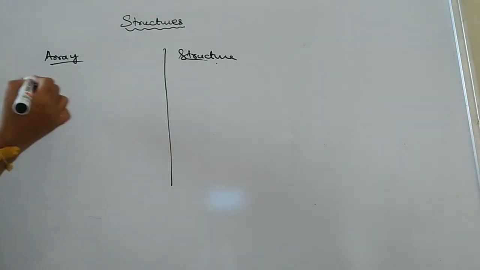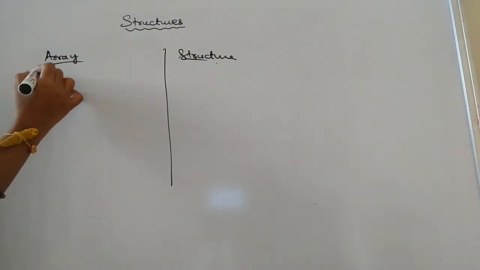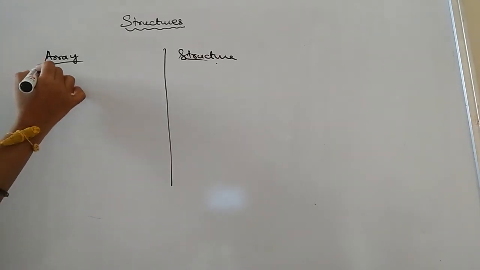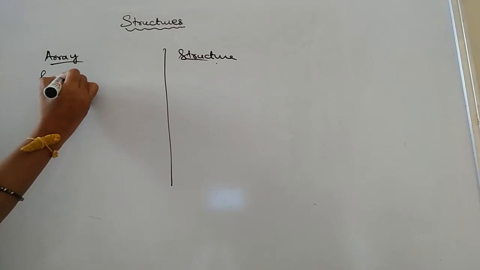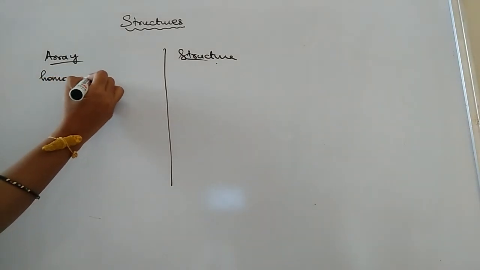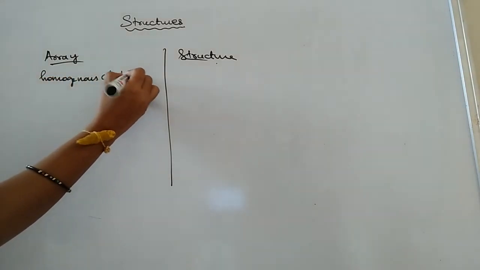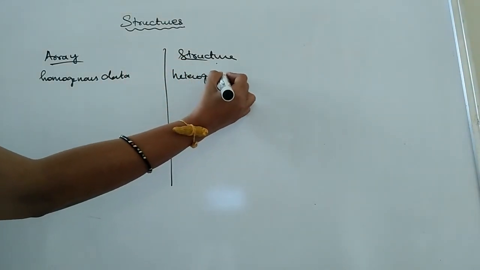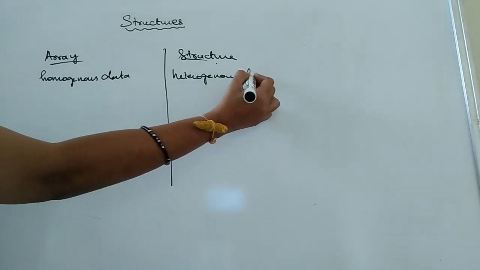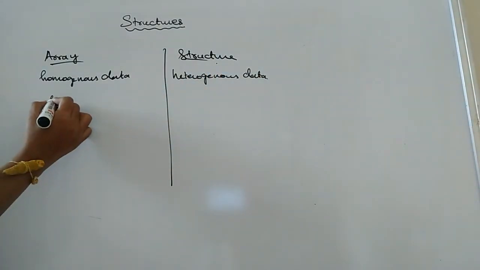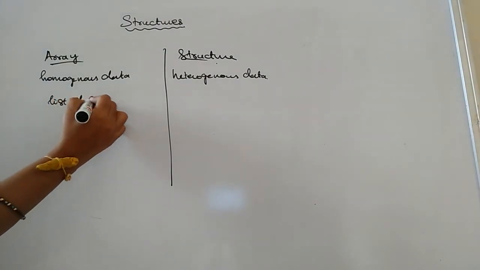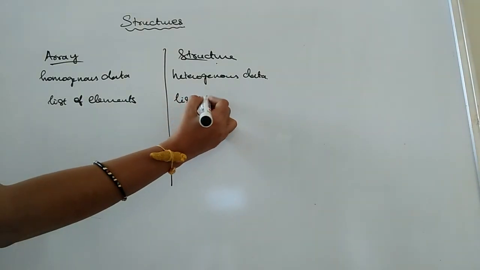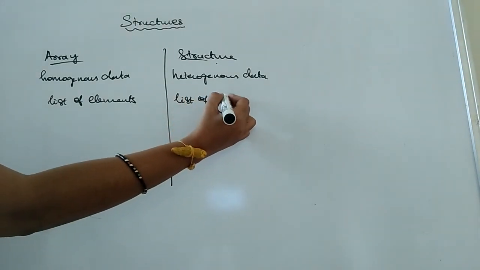When we take an array, you know very well, an array is a collection of homogeneous data. Here we can store heterogeneous data. Here also we can store a list of elements. Here also we can store a list of elements.